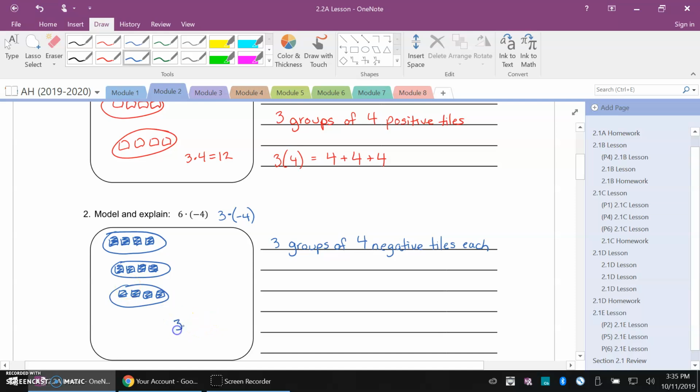And that's why 3 times negative 4 equals negative 12. If you have an expression that says 3 times negative 4, that means 3 groups of negative 4, which means we have negative 4 and another negative 4 and another negative 4.